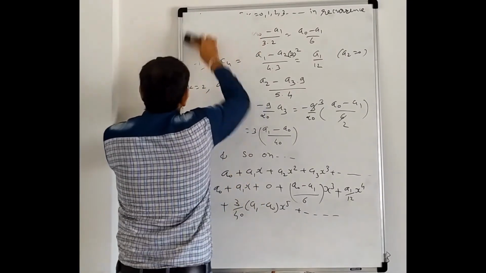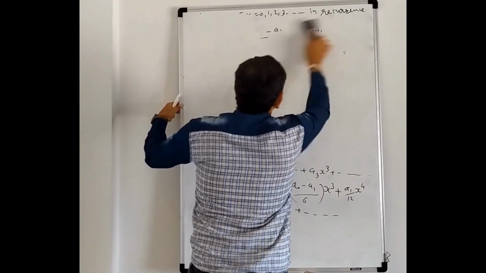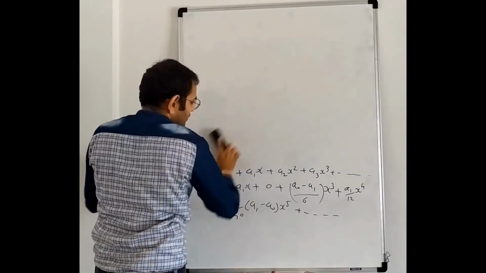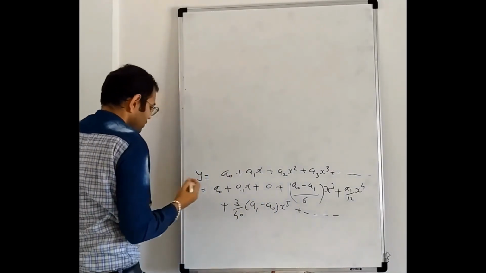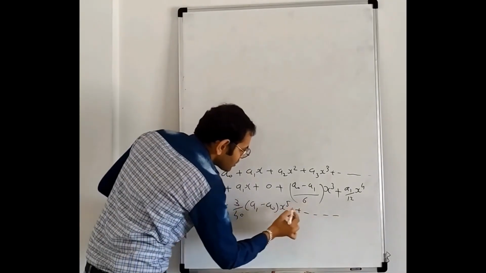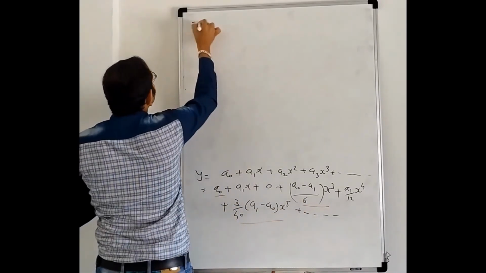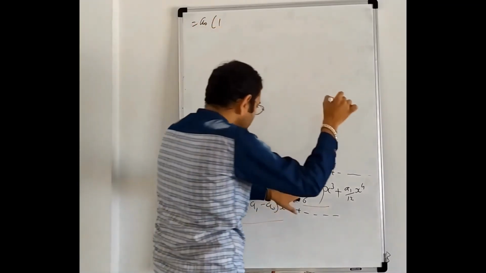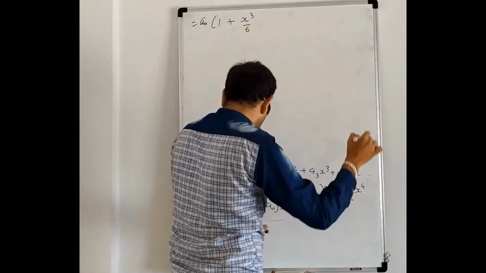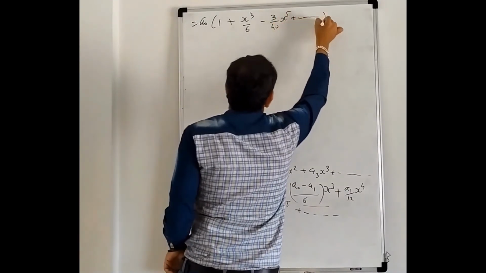Now in this term, a0 is common. The first one is 1 plus x cubed by 6 minus 3 by 40 x raised to 5, and so on.